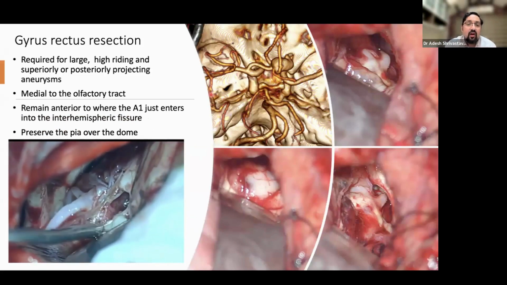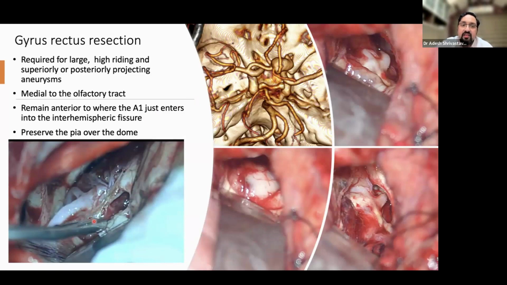If one has to decide how much of a gyrus rectus needs to be removed, the landmarks that we use are: you start coagulating the pia and cut it in anteroposterior direction, medial to the olfactory tract, and posteriorly one has to stop where the A1 just enters into the interhemispheric fissure. If one can see over here, this is the A1 where it is entering into the interhemispheric fissure, and this is the posterior limit of our gyrus rectus removal.